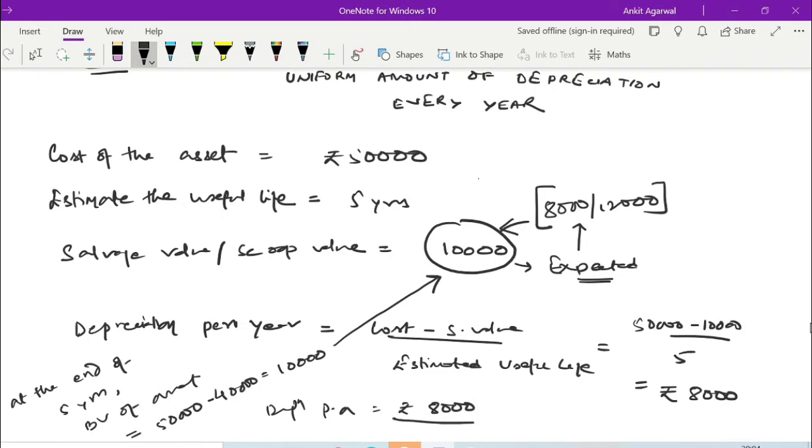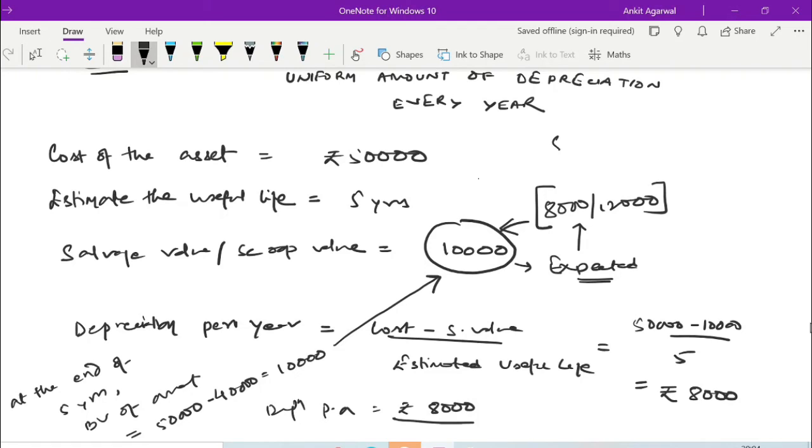Now, if this is sold for 10,000, then there is no profit and no loss for the entity. If it's sold for 8,000, then there is a loss of 2,000. And if it is sold for 12,000, then there is a profit of 2,000, right?